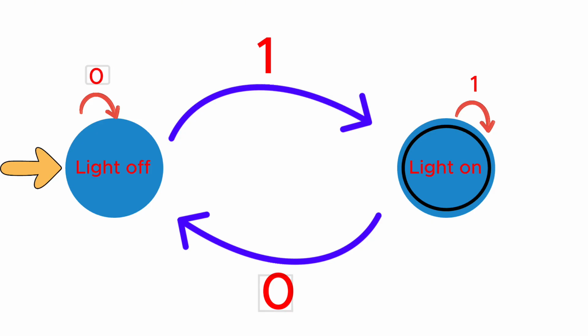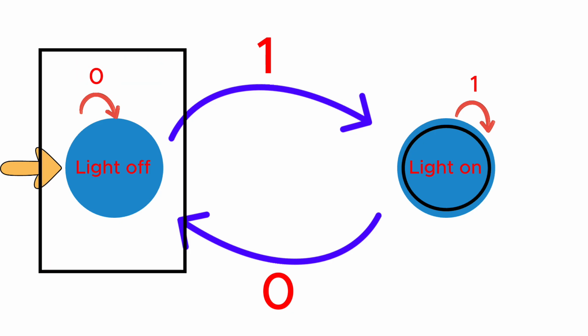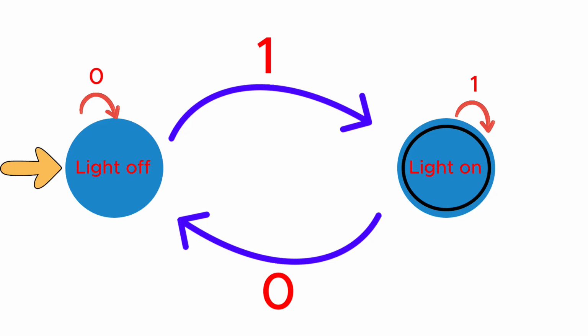The zero input illustrates switching off the light, and the one input illustrates turning on the light. So, at the start state, if we switch off the light, that being input 0, we will remain at the same state. However, if we switch on the light with input 1, we will move to the next state, which indicates the light bulb is on.